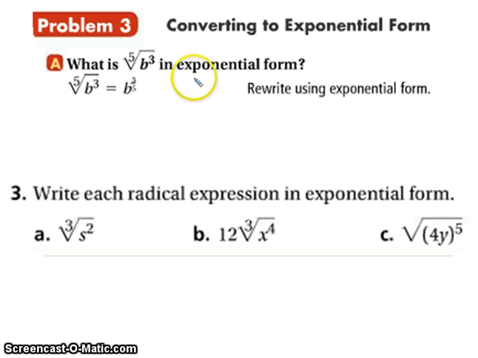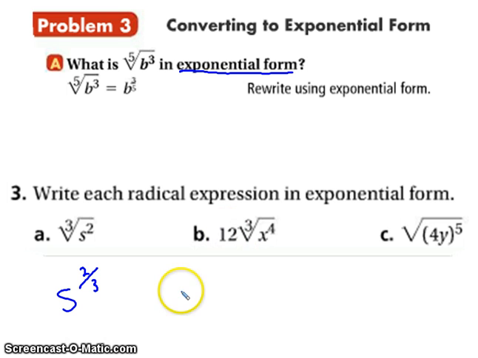All right, now we're putting these in exponential form, which means we're going from the radical and we're putting it into fractions. Remember, the outside goes underneath, the inside goes on top. Okay, so we have S, and then on top, underneath, and there's your answer.